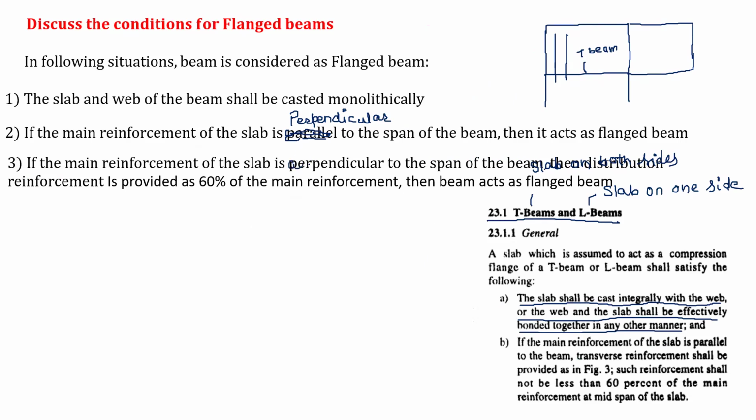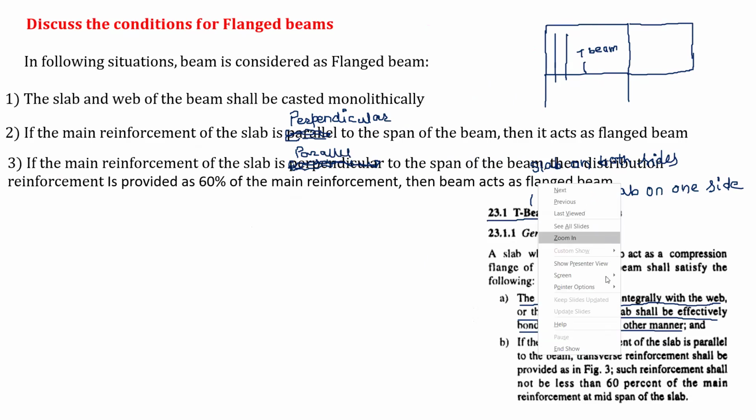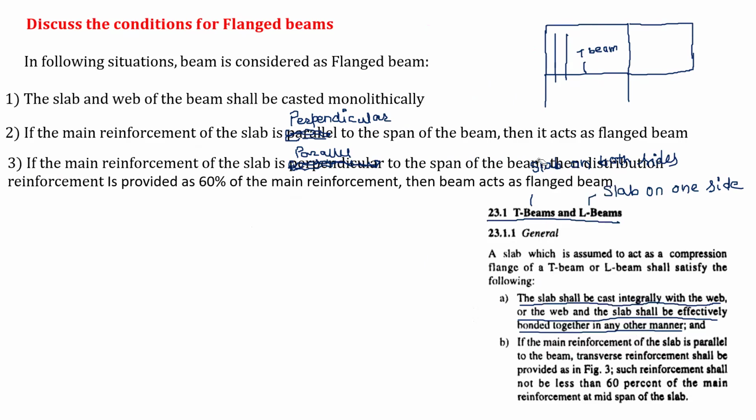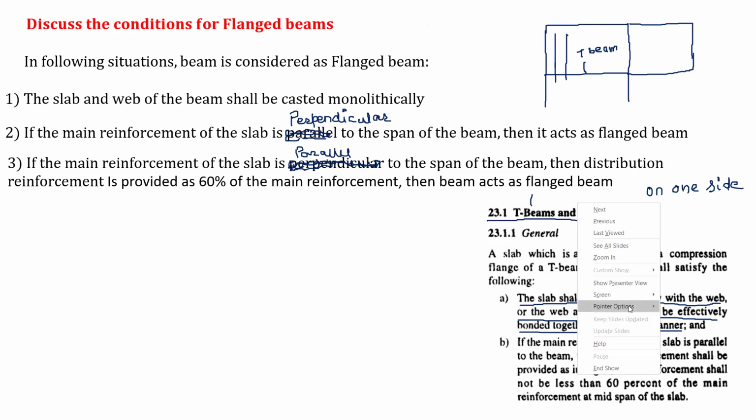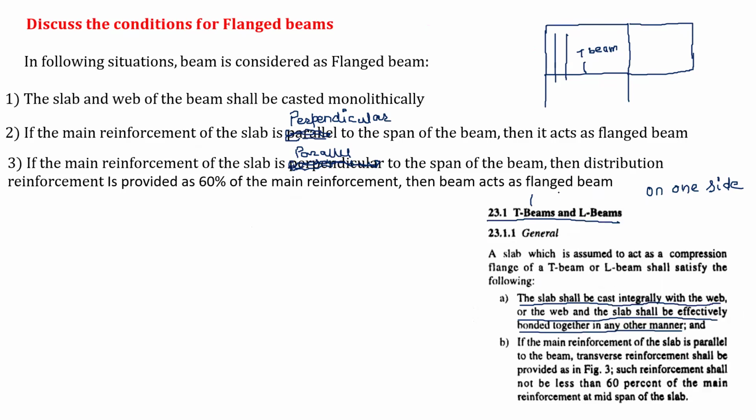Now if the main reinforcement of this slab is parallel to the span of the beam, I have mentioned this wrongly, so I will rub this portion. If it is parallel, then the distribution reinforcement is provided as 60% of the main reinforcement, as mentioned. Such reinforcement shall not be less than that.